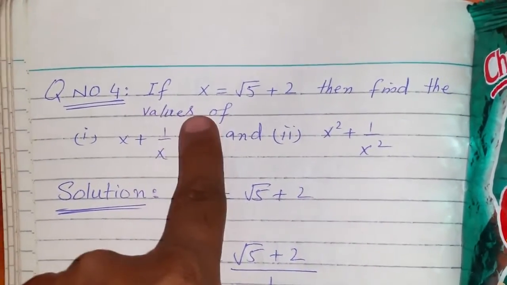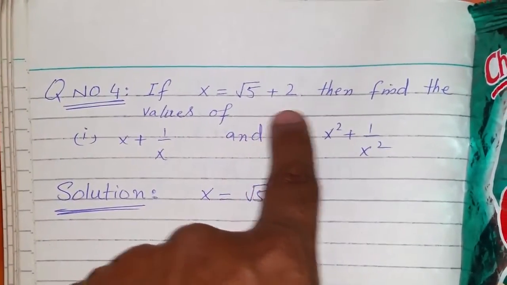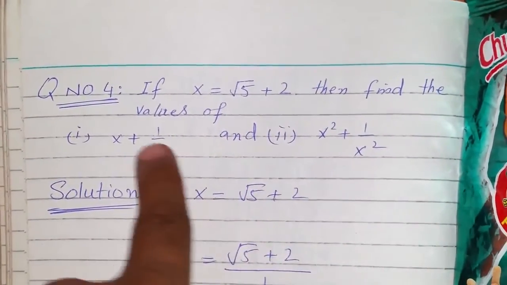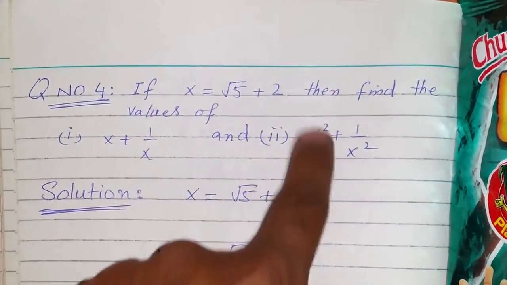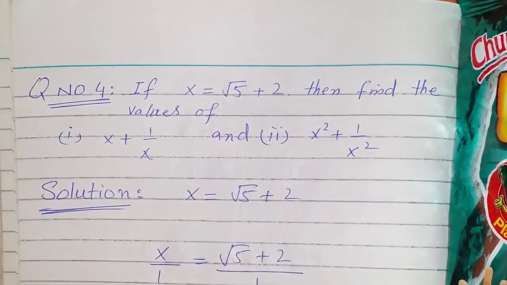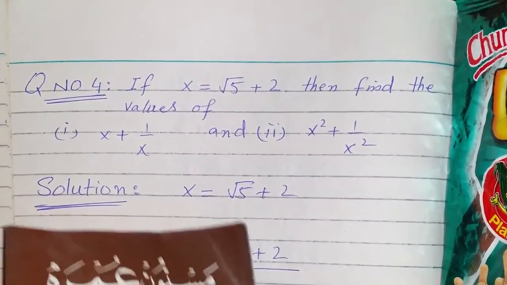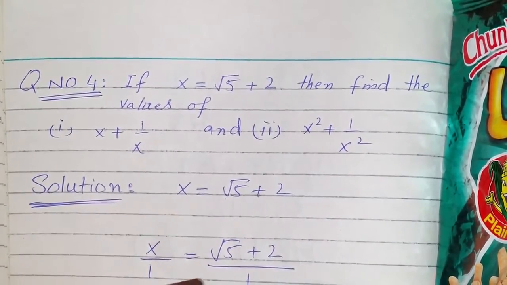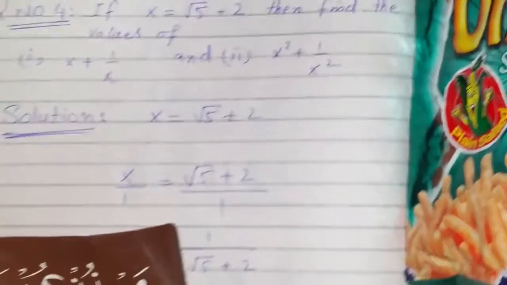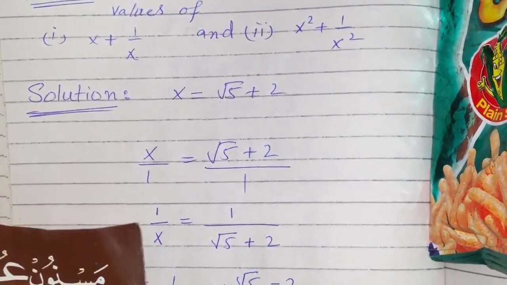If x is equal to square root 5 plus 2, then find the values of x plus 1 over x and x square plus 1 over x square. Here I have x equals square root 5 plus 2, and I want to find 1 over x in the first place.